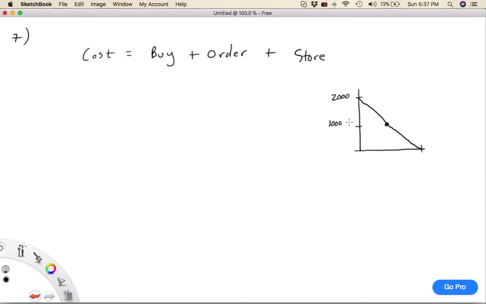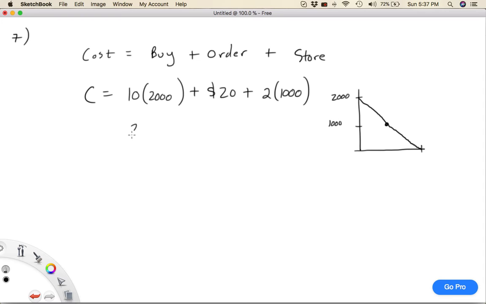It costs $20 to make an order, $10 per bottle. Oh yeah, so if you buy all of them at once, your cost is going to be $10 per bottle times 2,000 bottles, plus I think it costs $20 to place the order, plus a storage cost of $2 a bottle, times, on average, we're going to have 1,000 bottles in storage.